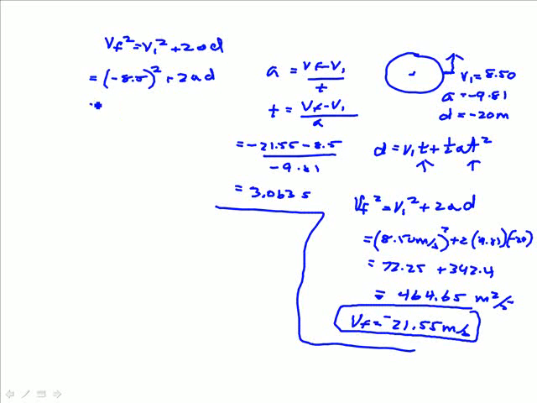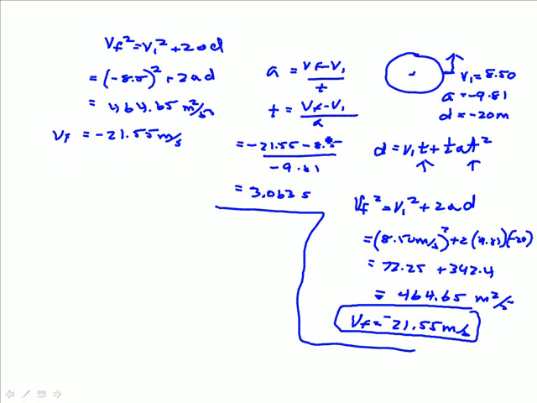What we end up with is exactly the same number, 464.65 meters squared per second squared. And we end up with the final velocity of negative 21.55. So whether it's going up when it leaves or down when it leaves, it still hits the ground with the same speed. But of course, if it's moving down, the time of flight is going to be a lot less.